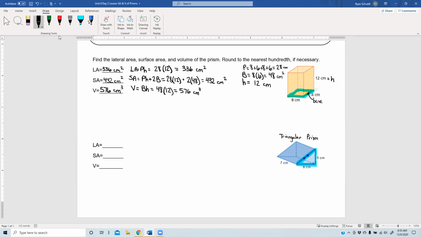So that triangle's our base. First thing we want to do, find P, B, and h. So let's try for P. So 5 plus 6. Remember, capital P is perimeter of the base.